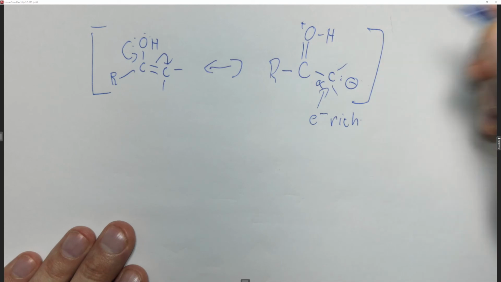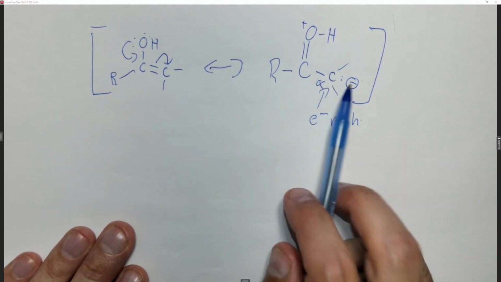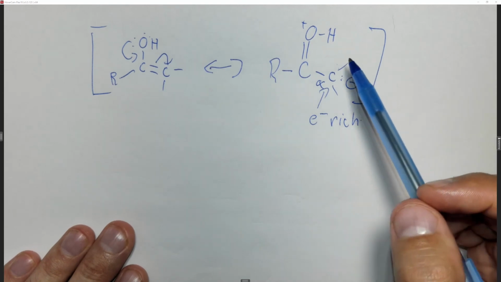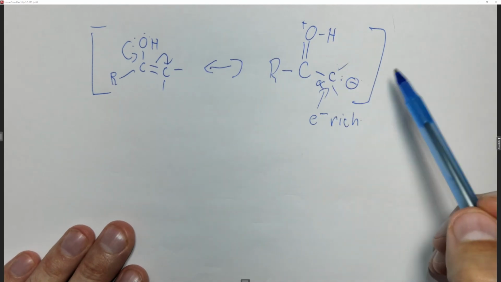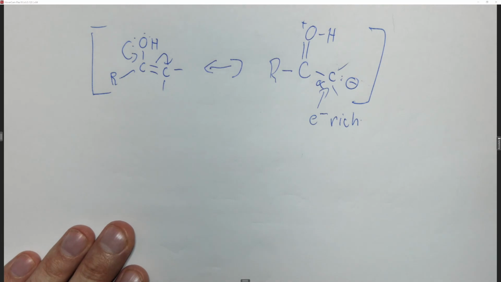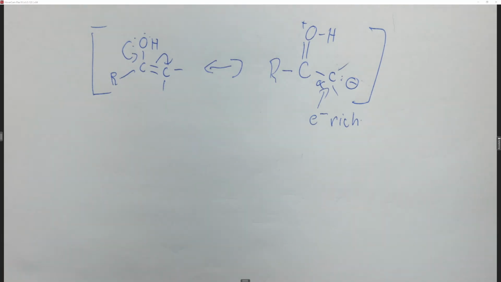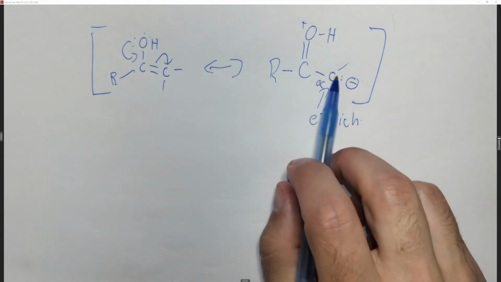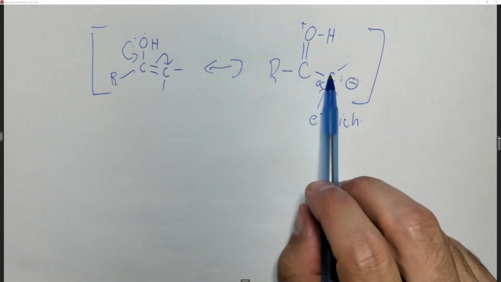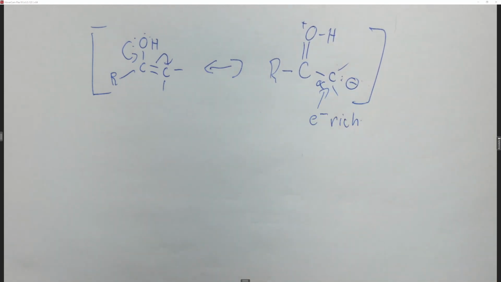This is the alpha carbon. And we can then undergo these electrophilic reactions by having some electrophile, E plus, attach at the alpha carbon. These are called alpha substitution reactions because essentially the electrophile substitutes the hydrogen that was originally on this carbon.